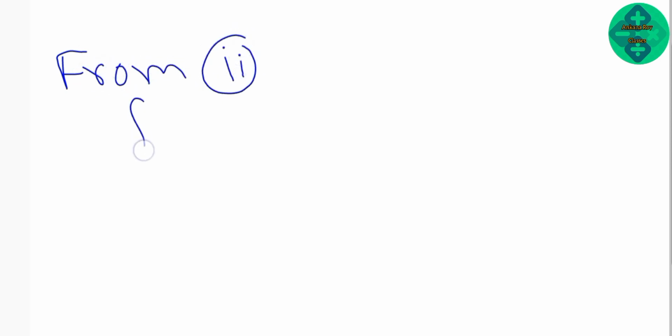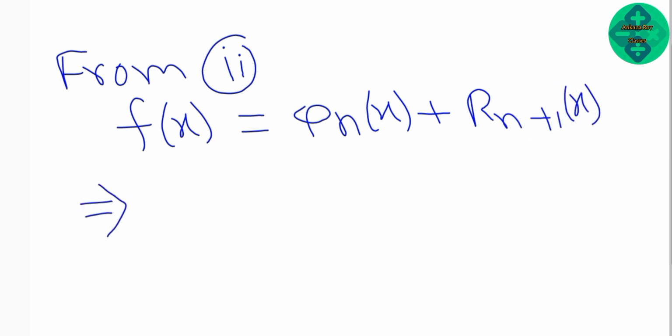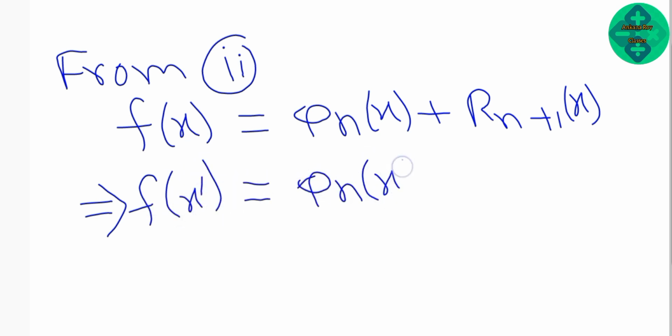Now, from 2 we get f of x is equal to phi n x plus R n plus 1 x. Now put x equal to x dash, we get f of x dash is equal to phi n x dash plus R n plus 1 x dash.